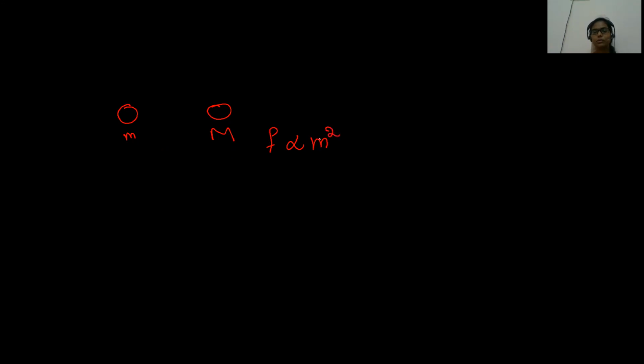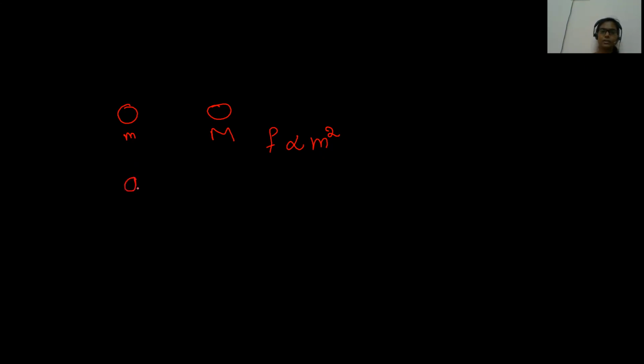F is proportional to m squared. Okay children, F is proportional to m squared. In that condition, they are asking which mass will reach the ground earlier? So you need to calculate the acceleration here, children.